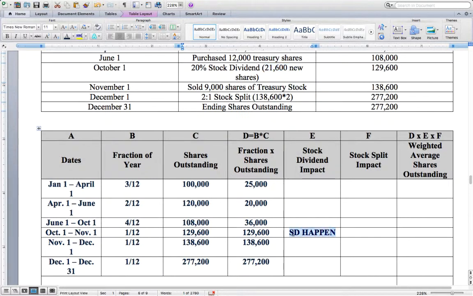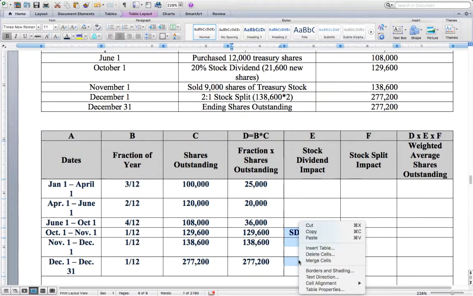So since it happened at this date, this period, October 1st through November 1st, November 1st through December 1st, and then December 1st through December 31st, the stock dividend is already reflected in this balance. Therefore, you do not need to do anything else, as it has already been accounted for in those periods.